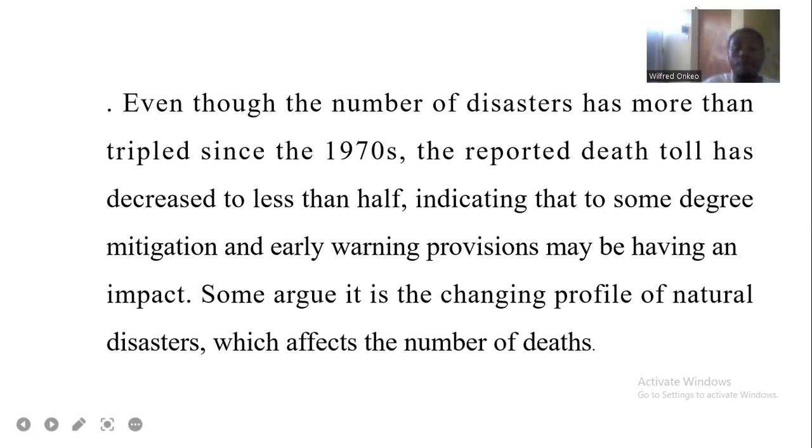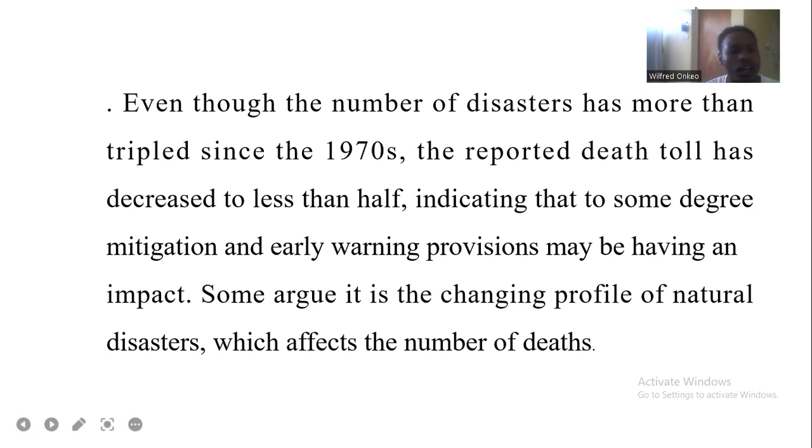So maybe some people have been informed that a disaster might happen, like an earthquake, very soon. People have been given these warnings and told to prepare themselves.